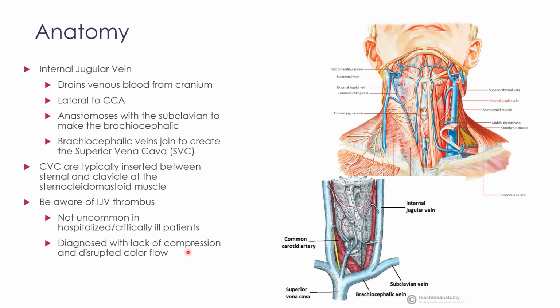And if we're missing either one of those and our color gain and our regular B-mode gain are accurate, then that could indicate a thrombus, especially if that vein can't compress. And so that would be a contraindication for a catheter placement on that particular side.